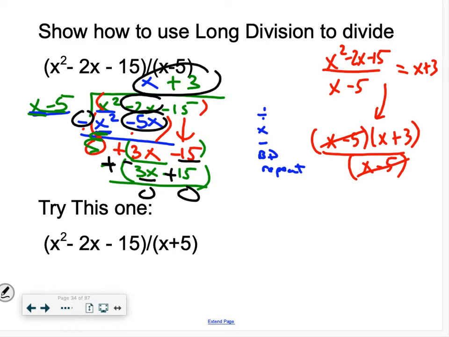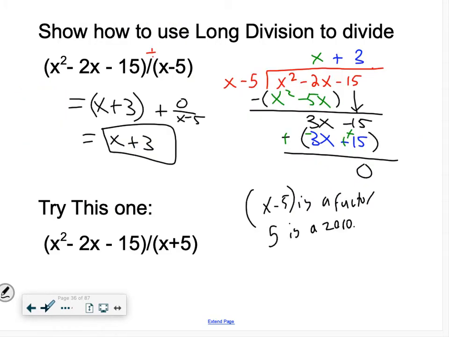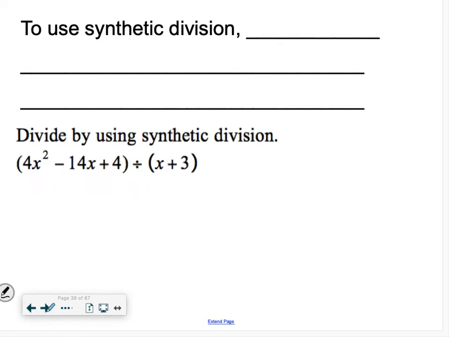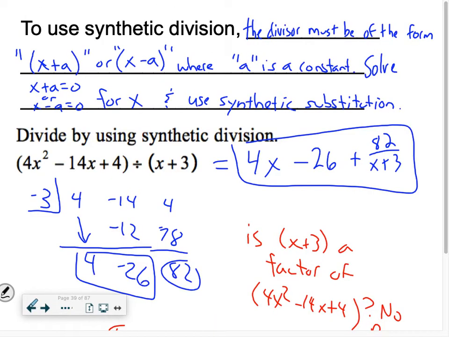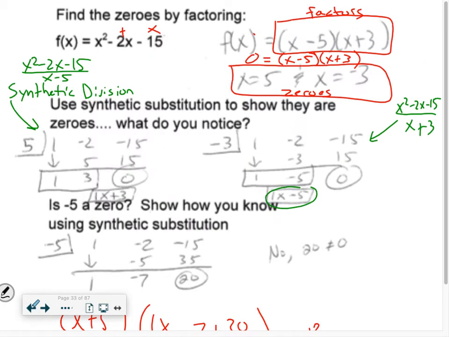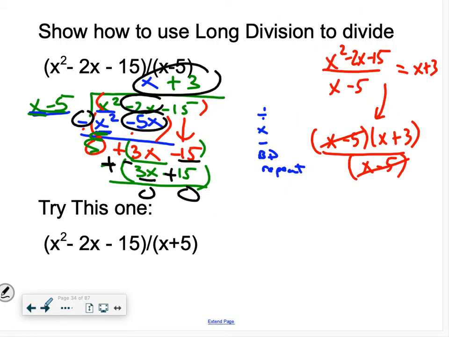Okay, before I have you try this one, let's take a look at the next slide here, which is, maybe I won't. Let me just describe it here, because synthetic division is pretty much the same thing. So with synthetic division, I could do this exact same problem where I just use the coefficients from up here.